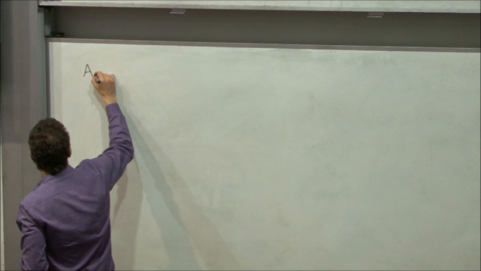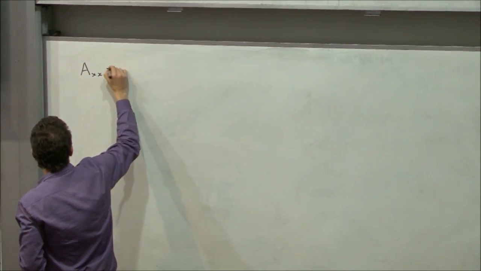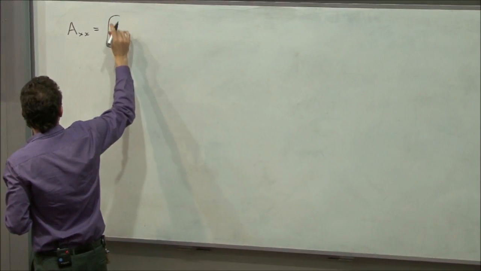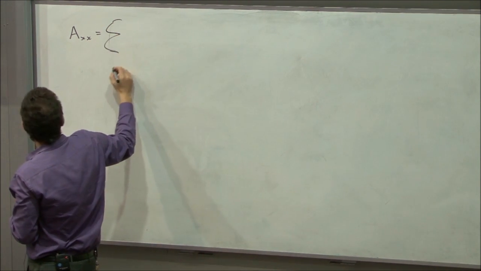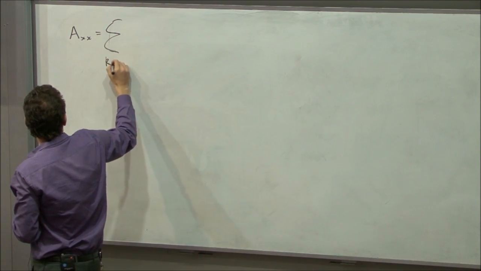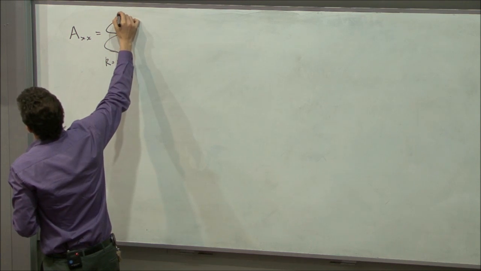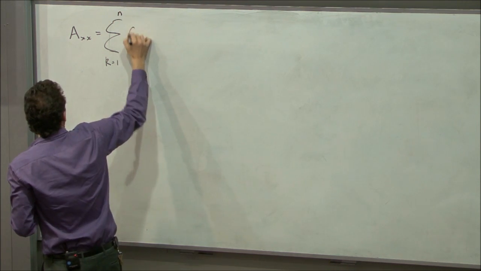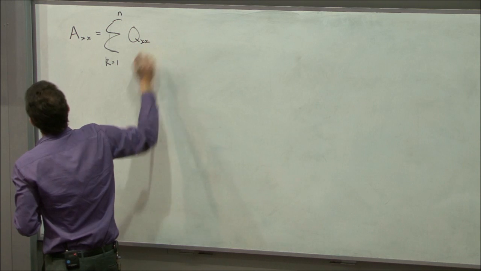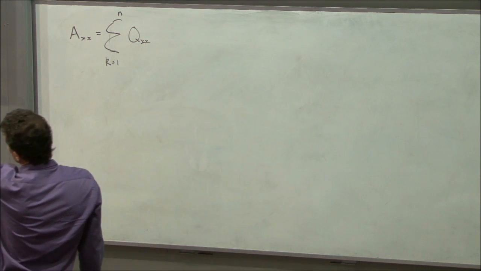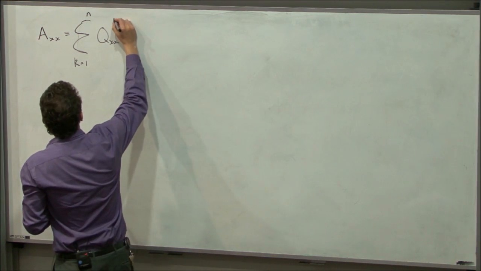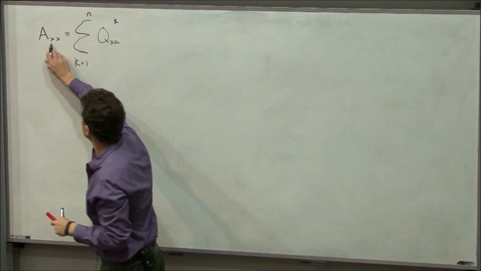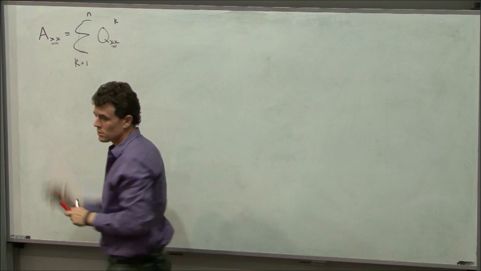So AXX equals the sum of K equals 1 to N of QXX times (ZK minus ZK minus 1). If there's an IJ on the left, you sub in the same IJ on the right, so here's XX and here's XX.